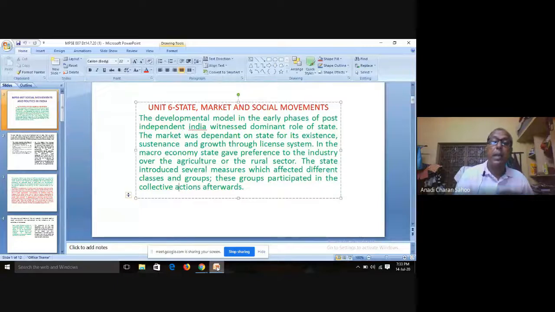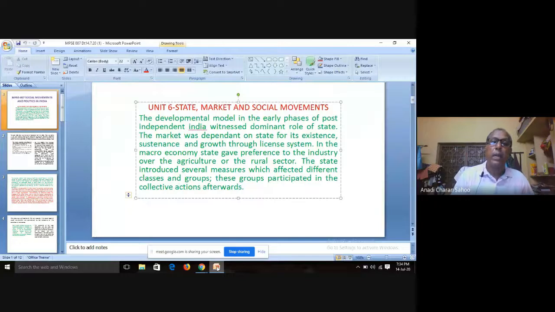The phase from 1947 to 1990, one phase, the first phase, the early phase, and after 1990, particularly from 1991 onwards, that is the latter phase or the second phase.